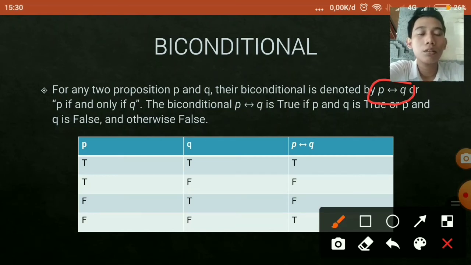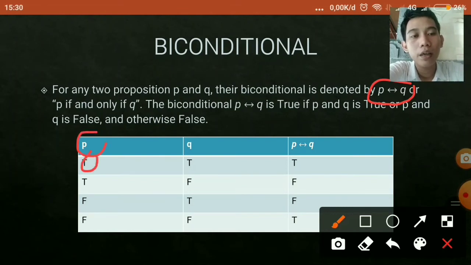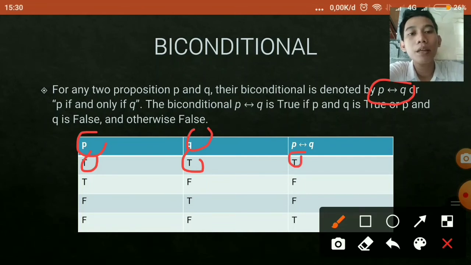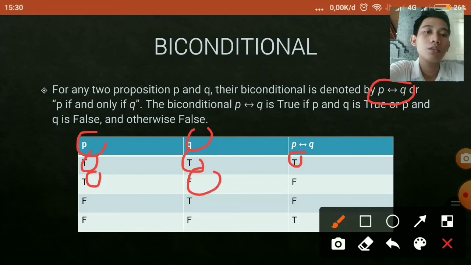Example in a truth table, if P is true and Q is true, then P if and only if Q is true. If P is true and Q is false, then P if and only if Q is false.